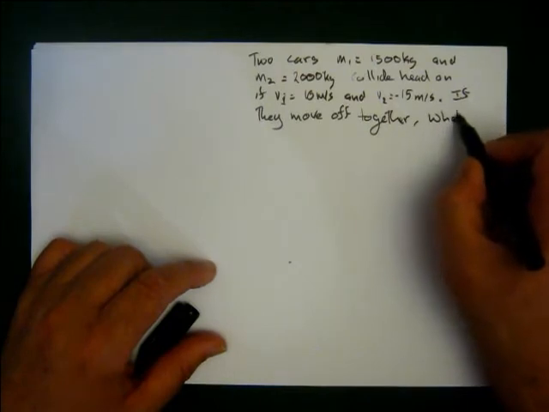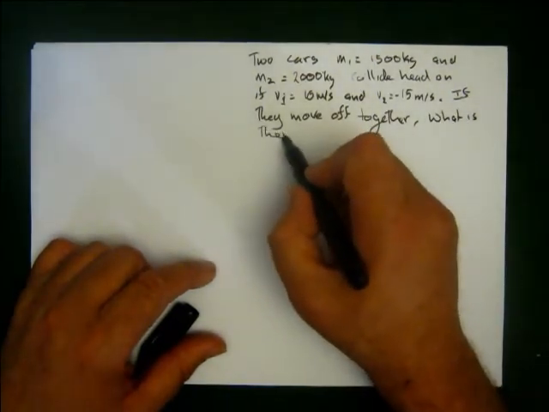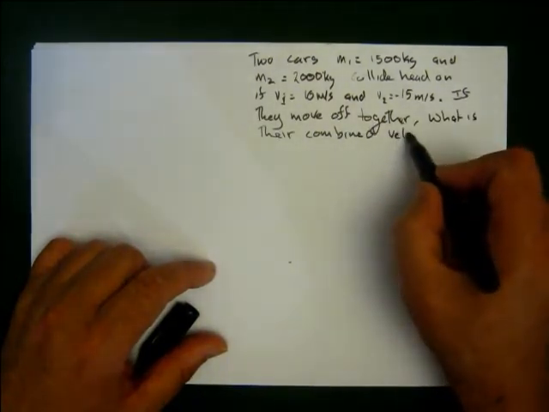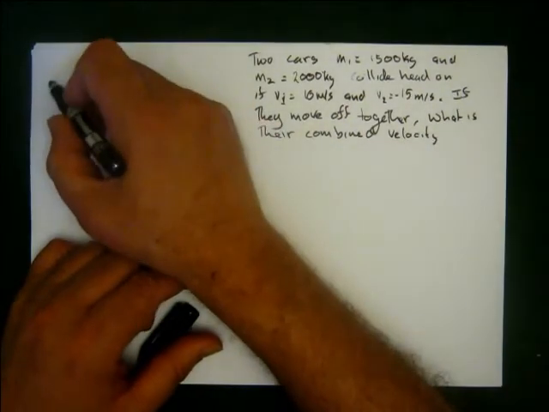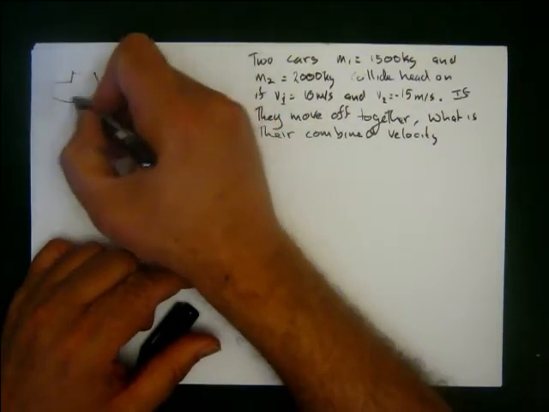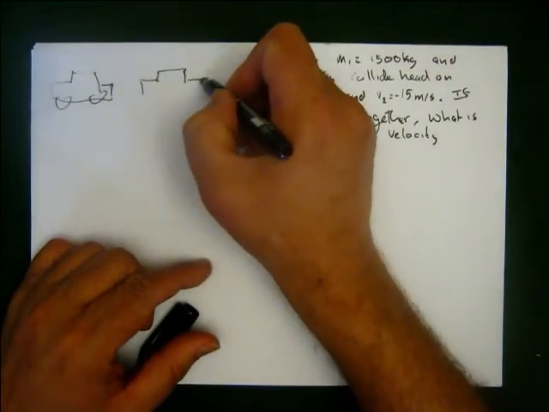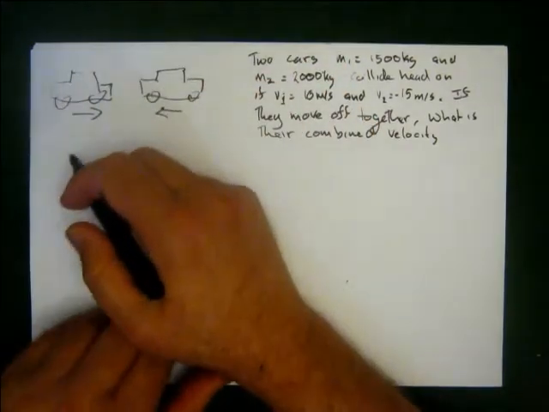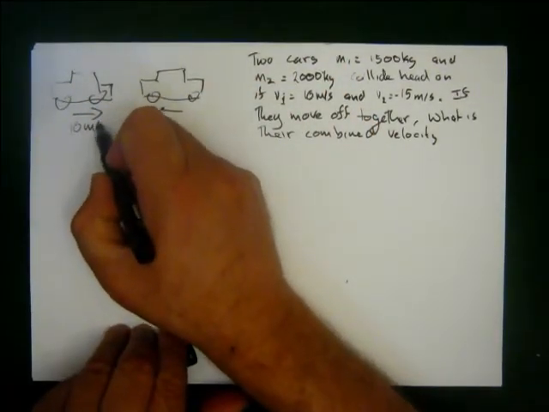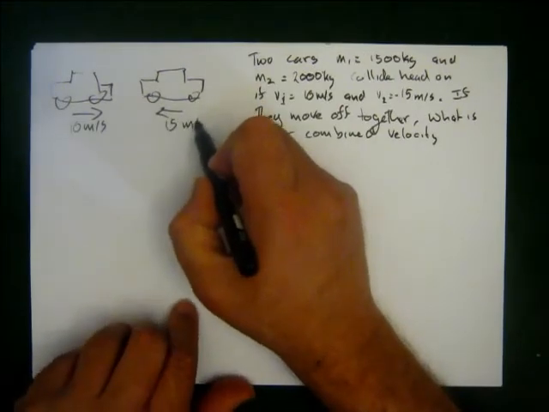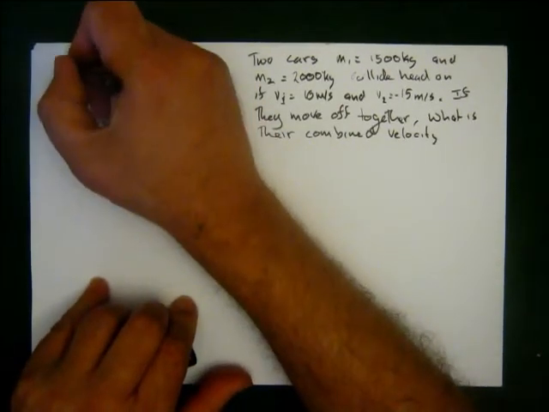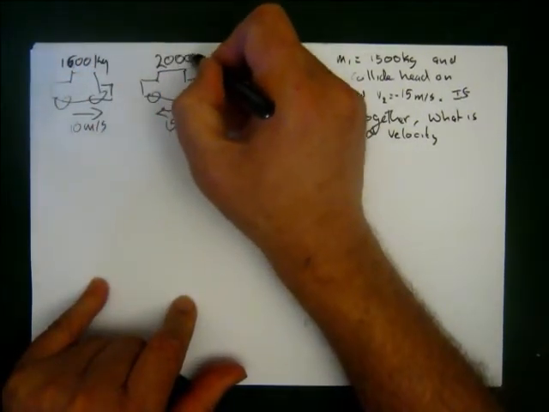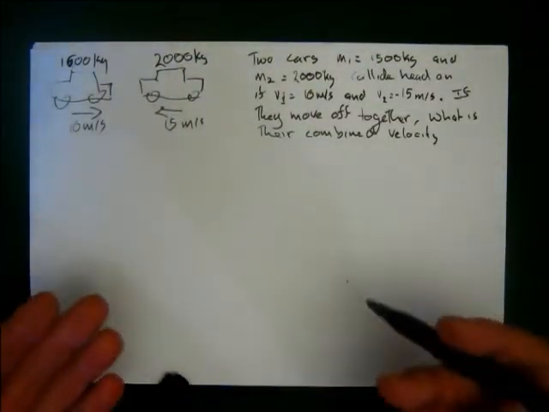What is their combined velocity? So again we have car 1 doing this, car 2, this one's going that way, that one's going that way, 10 meters per second, 15 meters per second, 1500 kg, 2000 kg. So again, we're going to use conservation of momentum.